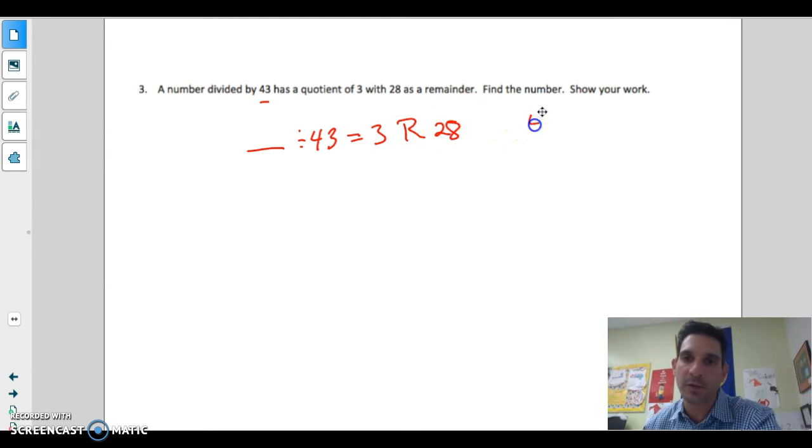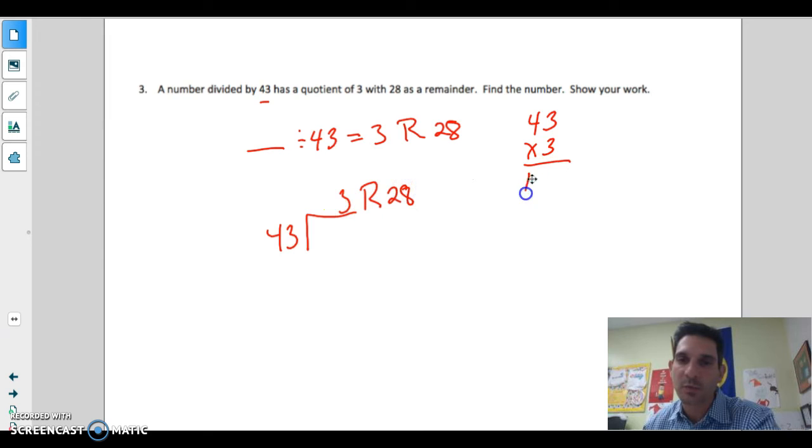So I'm going to do 43 times 3, because if this was my division problem, 43 would be here, 3 would be up there, remainder 28. So that's 129 plus 28, which is 157.